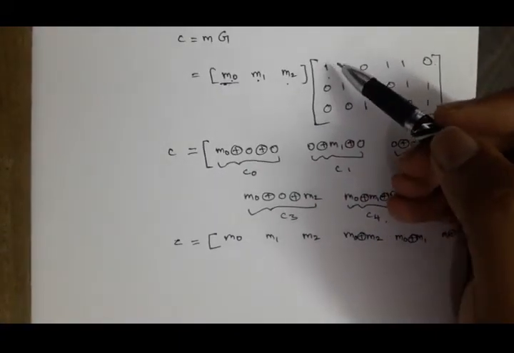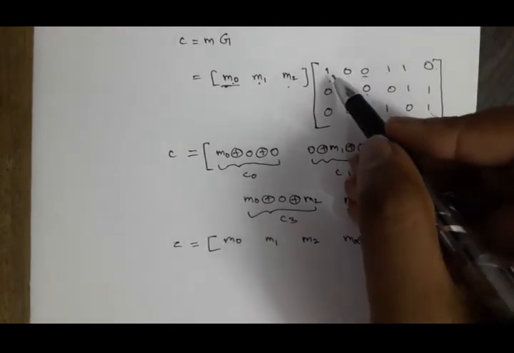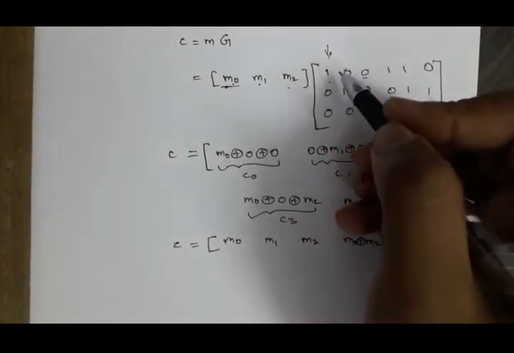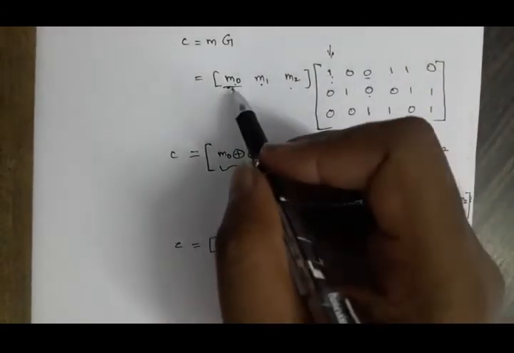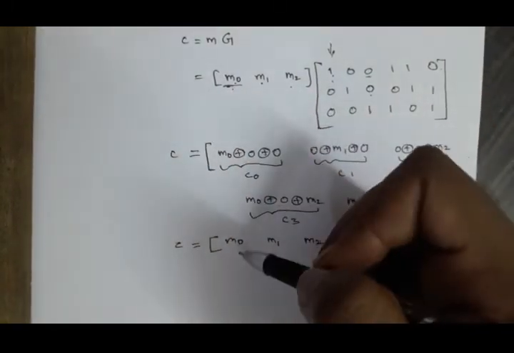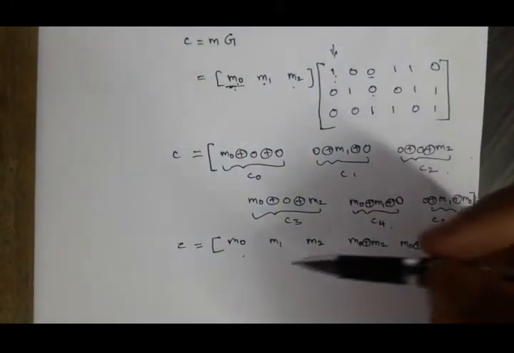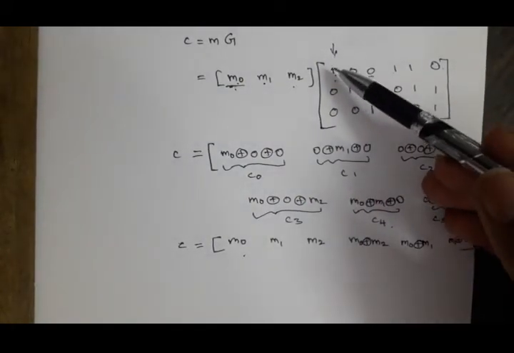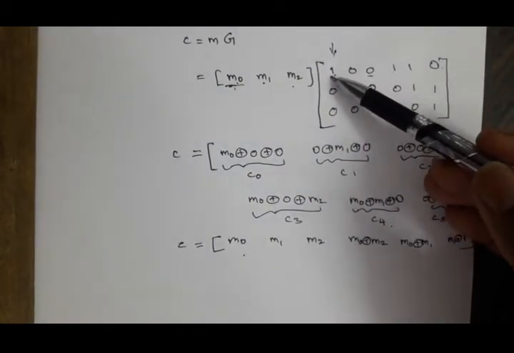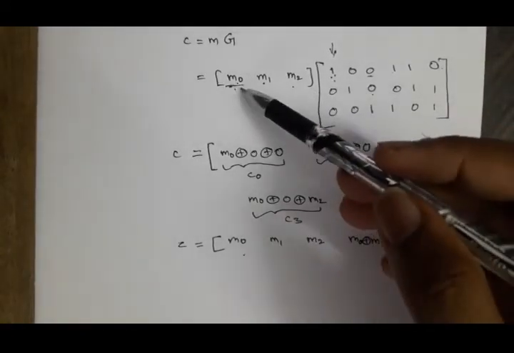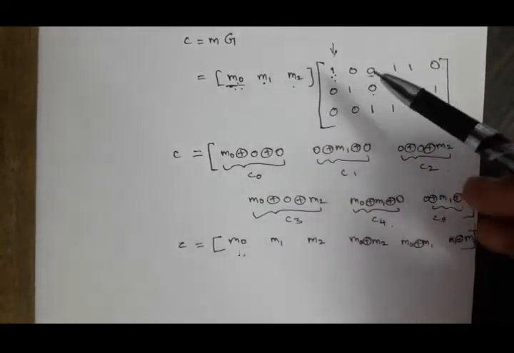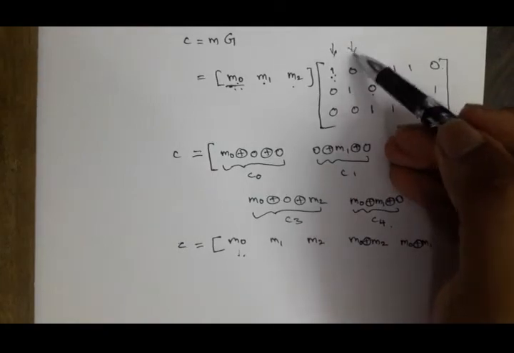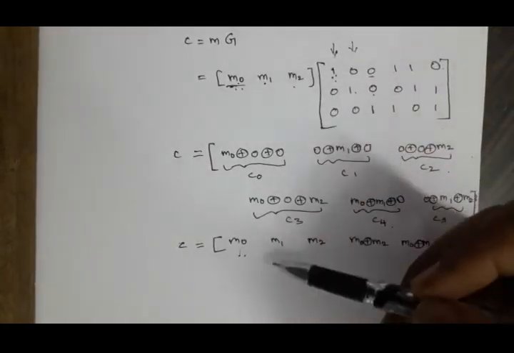If we assume that the column matrix consists of 1, that particular row is taken from the message block, and that has to be performed with modulo 2 operation. The first column consists of 1 in the first row, that's why m0 is taken. Similarly, the second column consists of 1 in the second row, so m1 is taken.